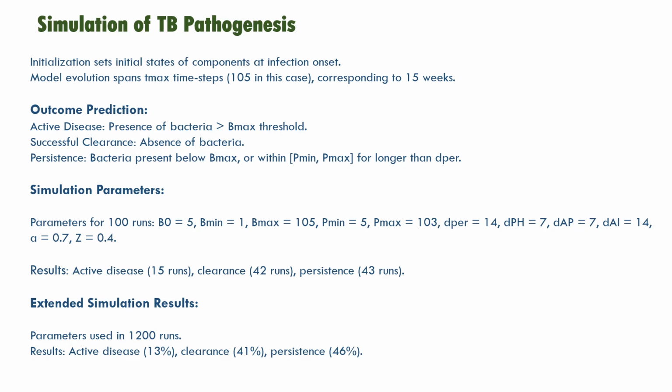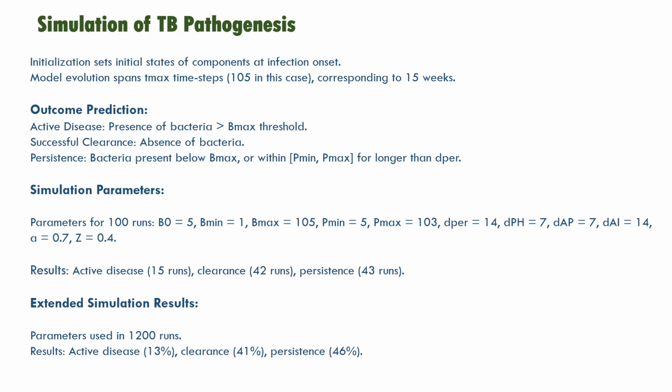So what they do is they initialize an initial set of components at infection onset, and the model evolution spans Tmax time steps, which is 105 in this case, 105 iterations, corresponding to 15 weeks.